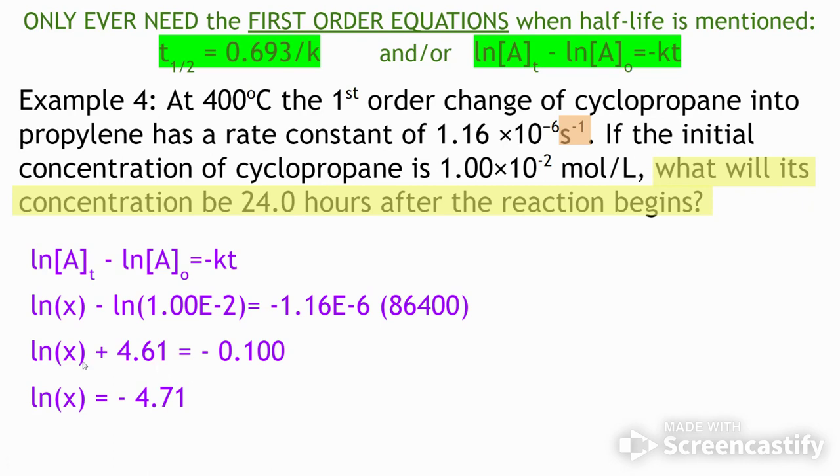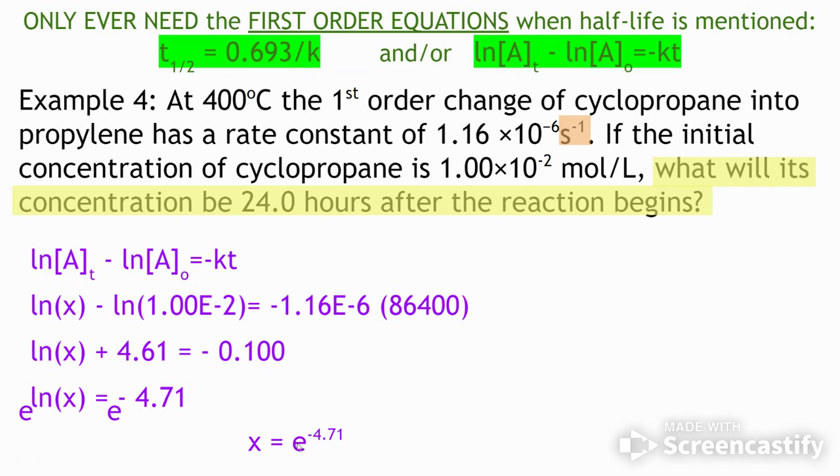To solve for x, remember, when I have the natural log of the thing that I'm looking for, in order to undo that natural log, I have to raise e to that power. So I'm doing e to the ln x, which is going to turn into x, is equal to e to the negative 4.71.